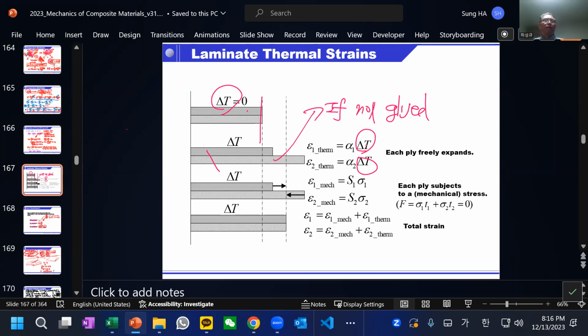The top one will have an expansion of alpha 1, and the bottom has alpha 2. Okay, but in reality they have to be glued together, right?